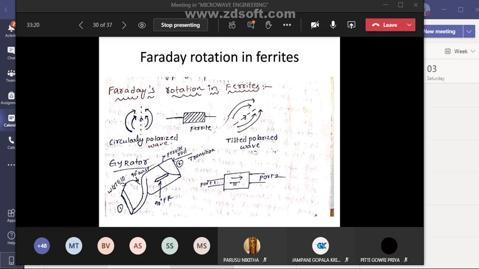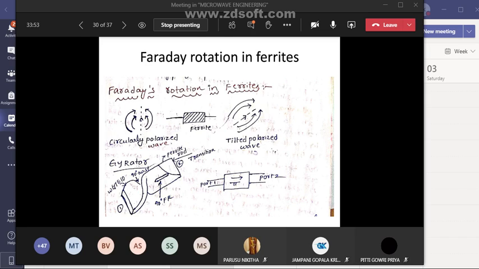That is, the transmission from port 1 to port 2, see here, has a phase shift of 180 degrees. And there is no phase shift for transmission from port 2 to port 1. So the gyrator is a two-port device.